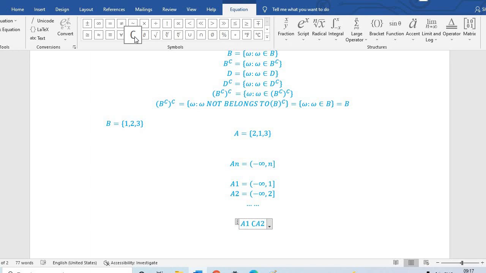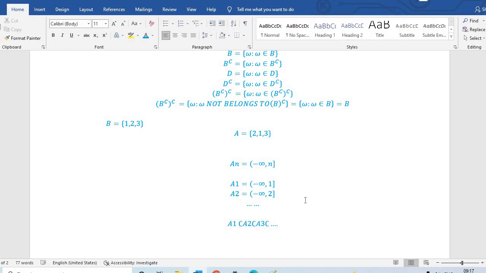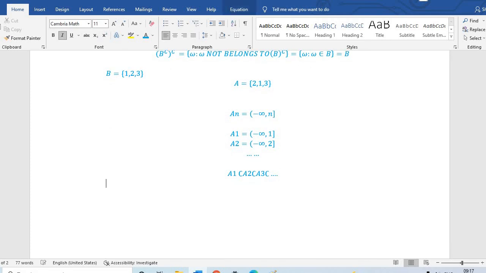A1 is a subset of A2, and this is a subset of A3, and this is a subset of etc. അങ്ങനെ പോകും. Okay. Now what will be the union of A1 union A2 union etc.? യൂണിയൻ എന്തായിരിക്കും?